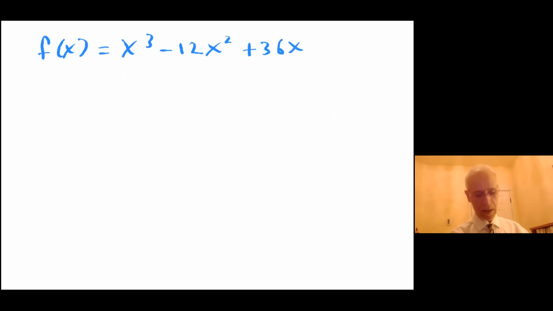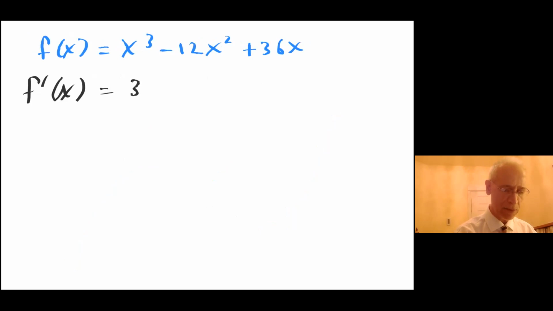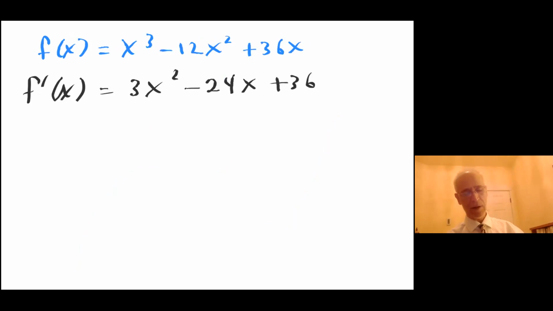So we said that f of x, we started at x cubed minus 12x to the second plus 36x. I'm going to go ahead and take the derivative of this. And so I have f prime of x equals 3x to the second minus 24x plus 36. And I'm going to set that equal to 0 to find my local max and local min.